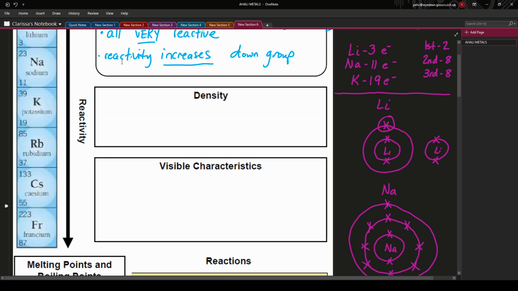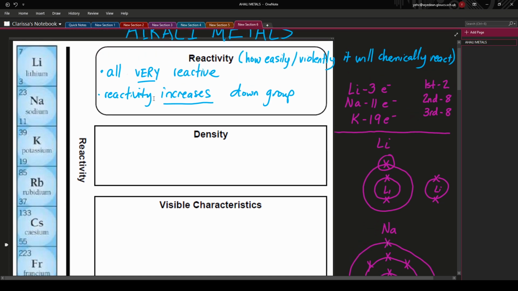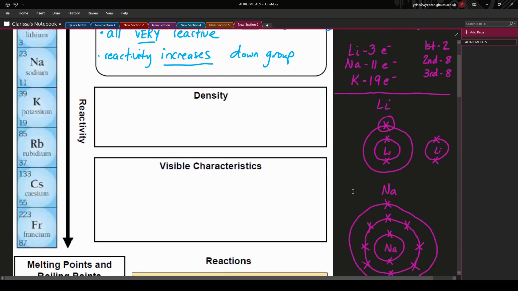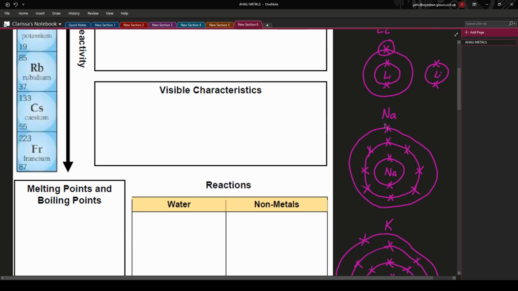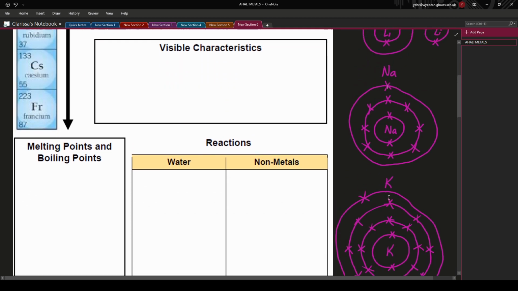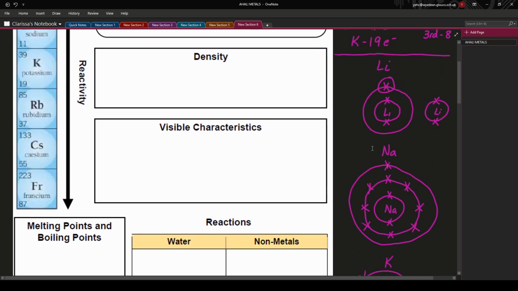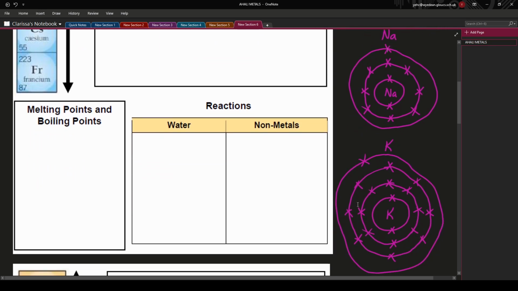Now if you notice, I said reactivity increases down the group. And the reason why that happens is because notice how our atom actually gets bigger and bigger as we move down the group. Like we start off with lithium, quite small, then sodium, then potassium, and it's getting larger and larger because every single time, I'm adding an extra shell, an extra ring on.